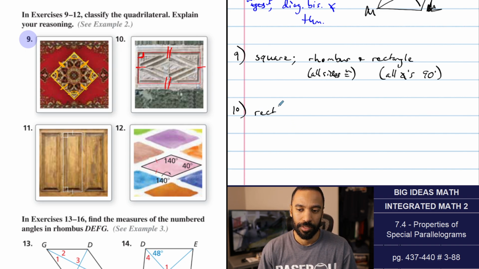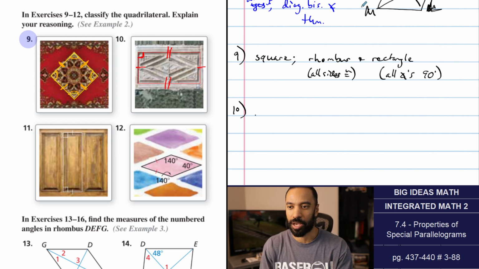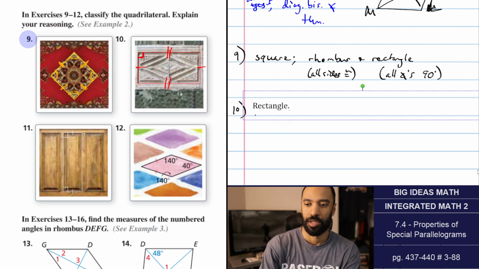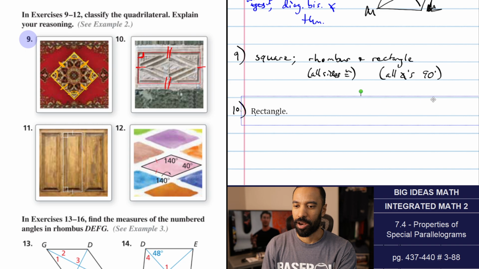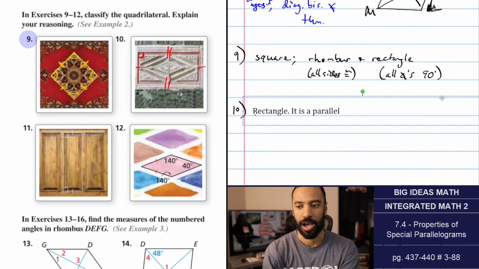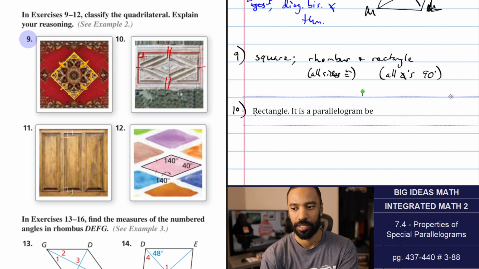You know what? I'm going to start typing these ones because I want to explain more with this. So this is a rectangle. So why? It's a parallelogram. It is a parallelogram by the converse of the opposite sides theorem because of opposite sides congruent.